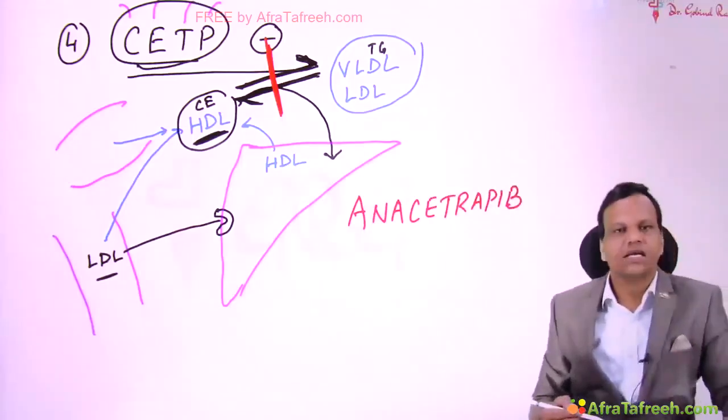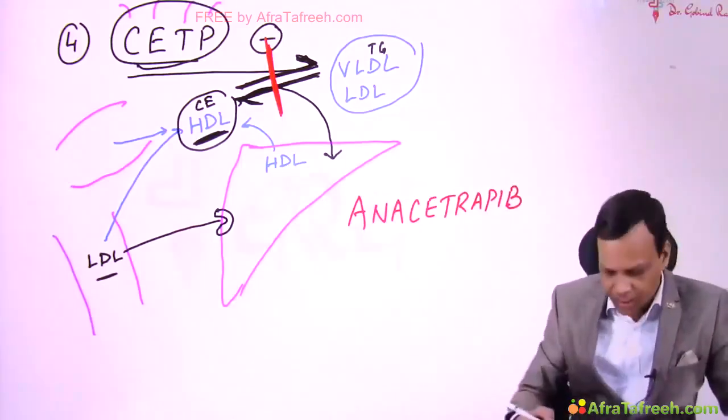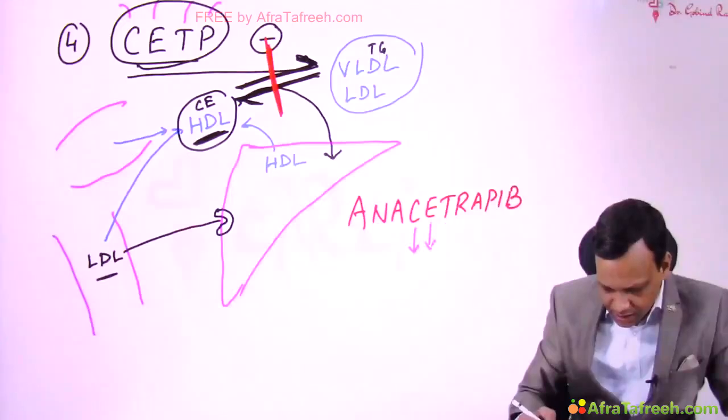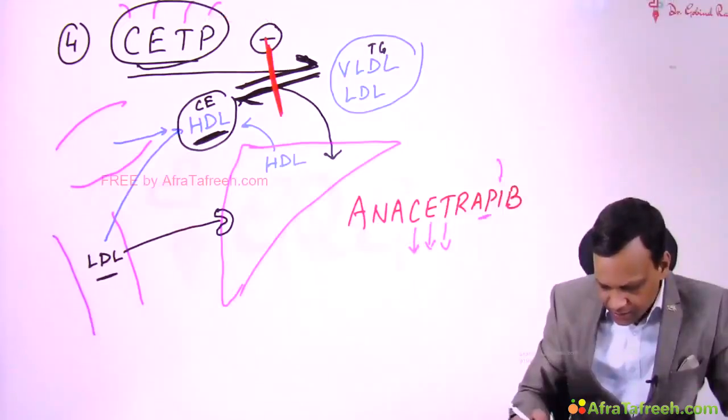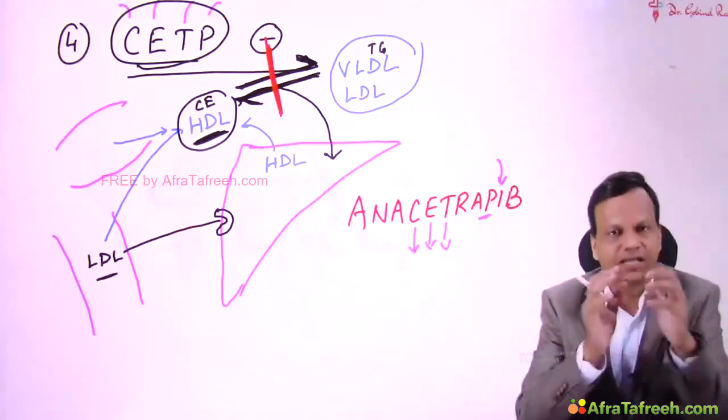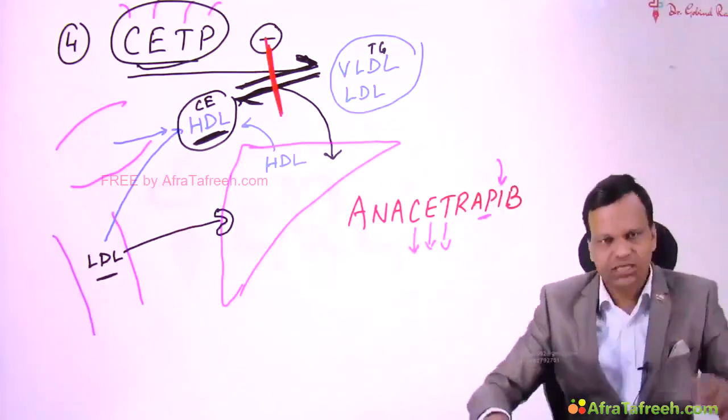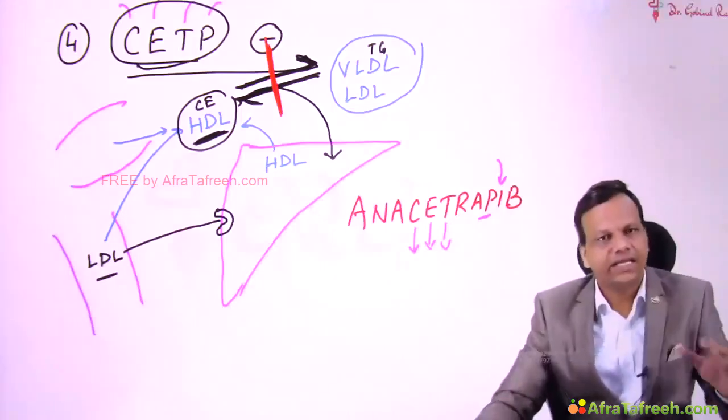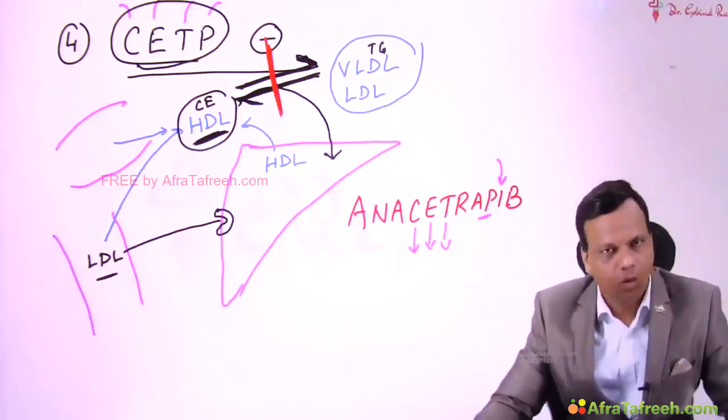Anacetrapib is a CETP inhibitor. Again, from the name you can remember, the name contains CETP inhibitor. Anacetrapib. Clear? So these are the important points regarding the anti-dyslipidemic drugs. Okay.